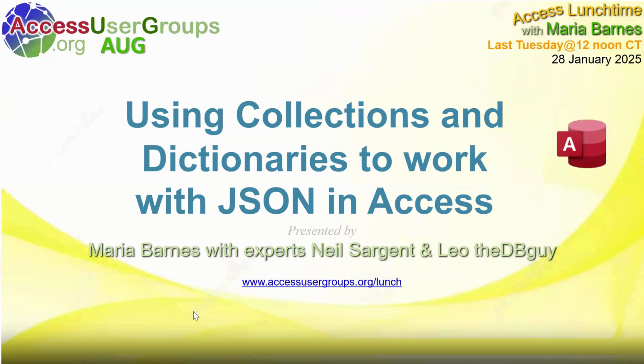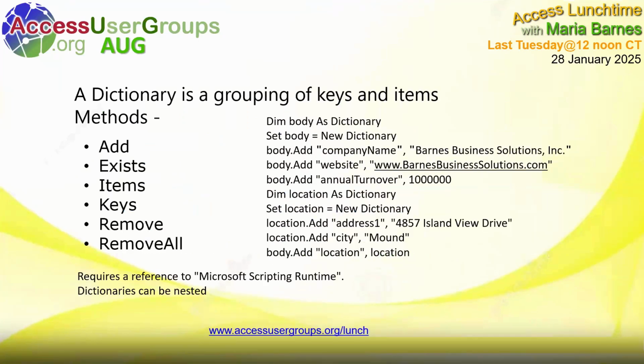Today's topic is going to be how to use collections and dictionaries to work with JSON in Access. And technically, you can use this in any kind of VBA, not just Access, but the demos here today will be using Access. For starters, let's identify first a dictionary and what it is, and then next, a collection.